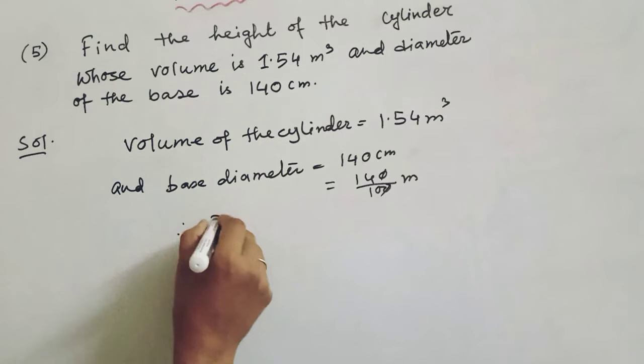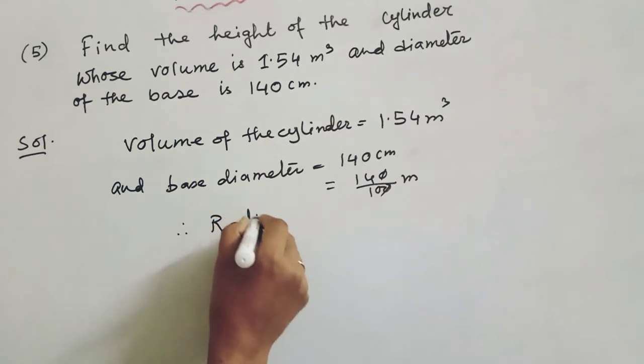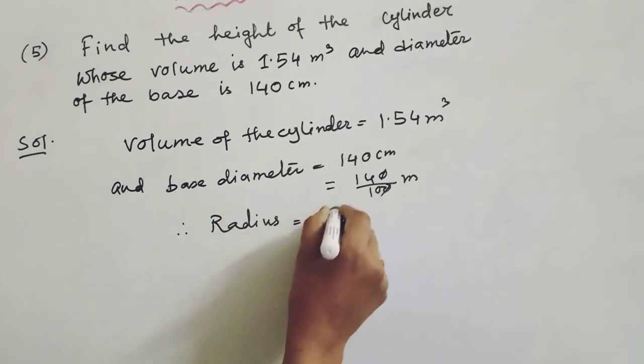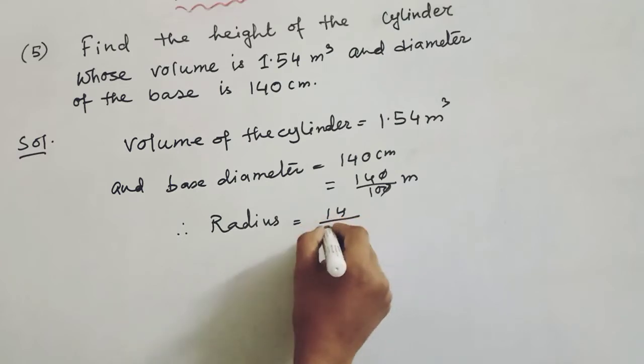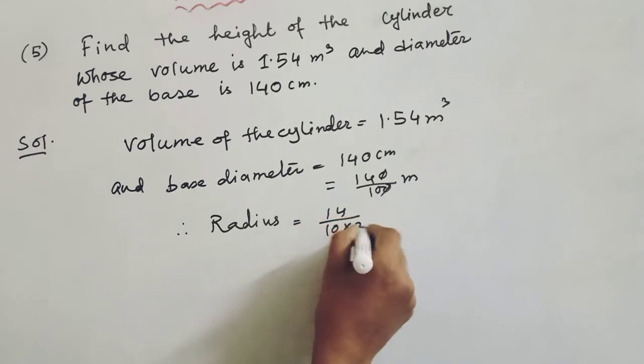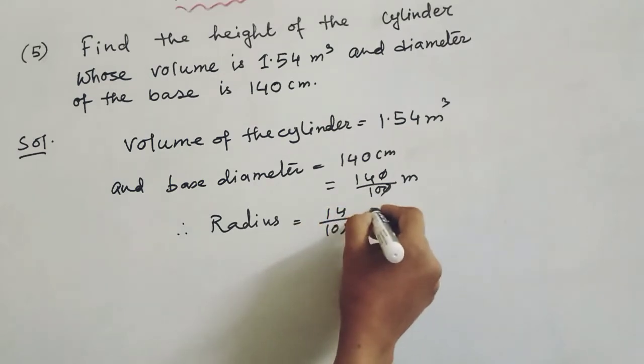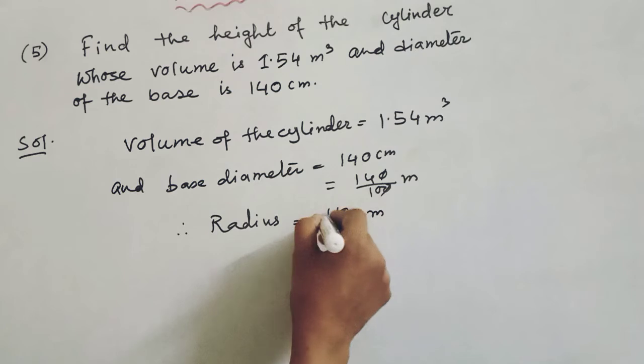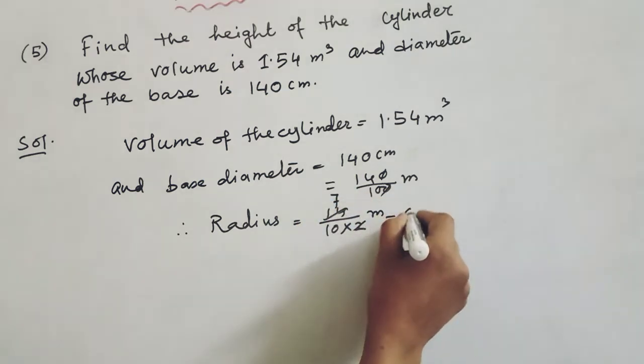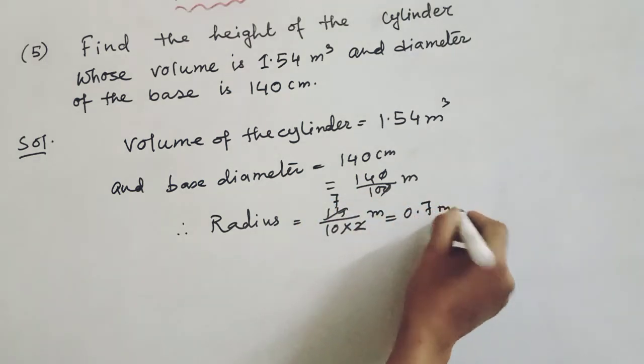Therefore radius is 140 by 100 divided by 2, because whatever the diameter is, we have to divide it by 2 to get the radius. That is 0.7 meter.